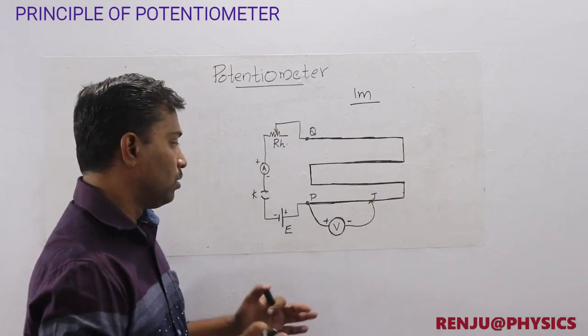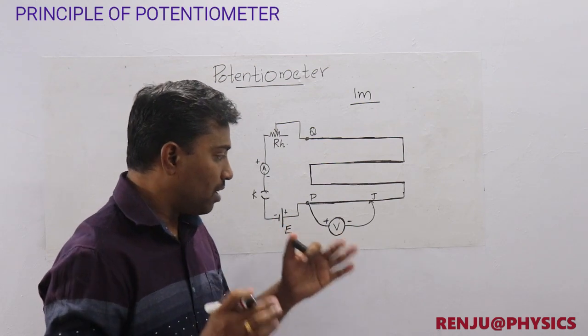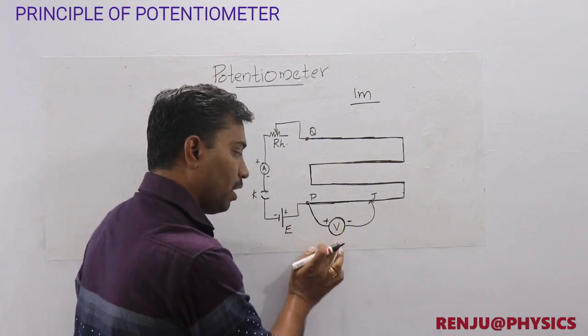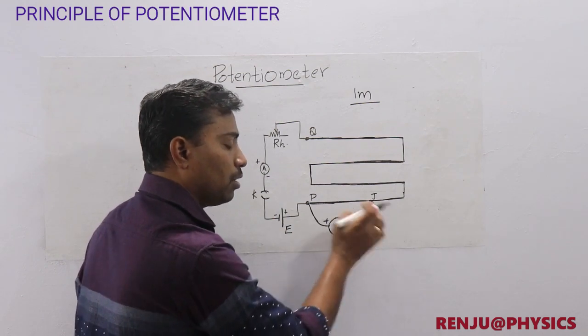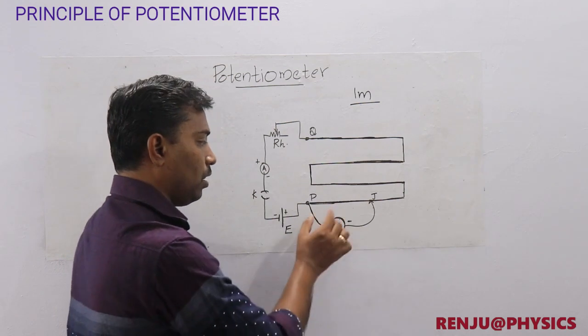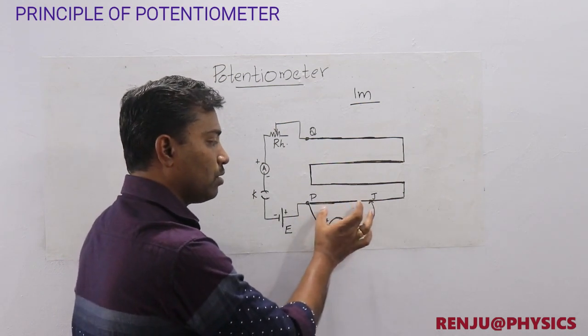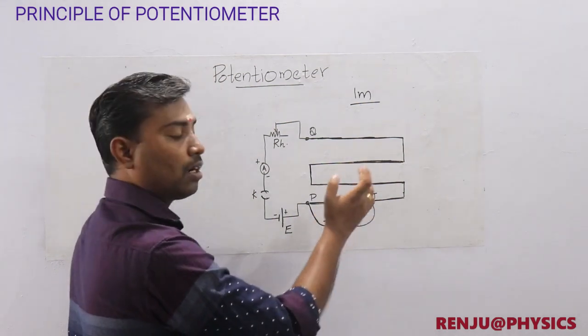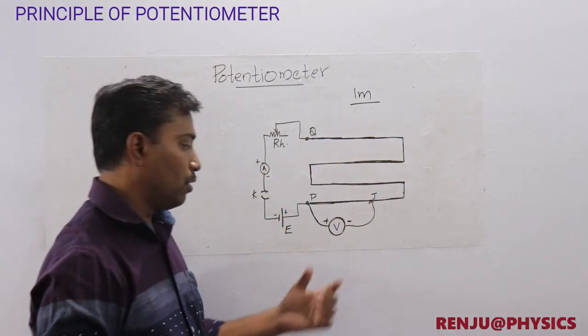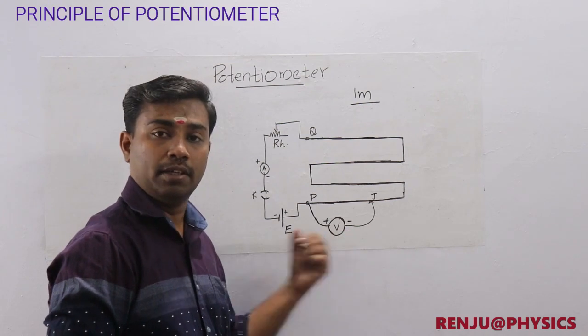So, the principle of the potentiometer. In the secondary circuit, we connect a voltmeter and a jockey. We measure the potential across 50 centimeters, 100 centimeters, 20 centimeters, and the voltmeter shows a reading.